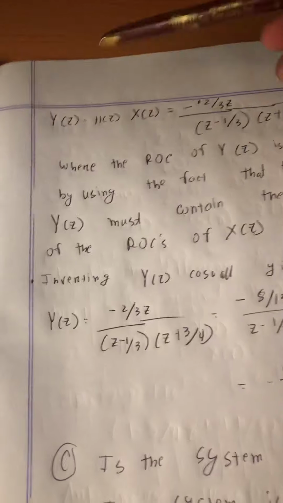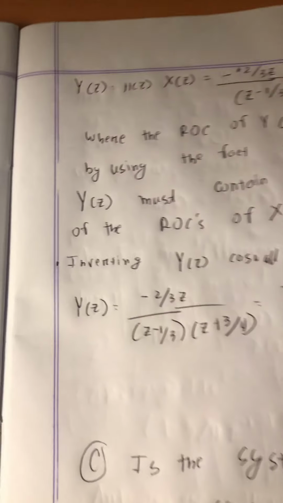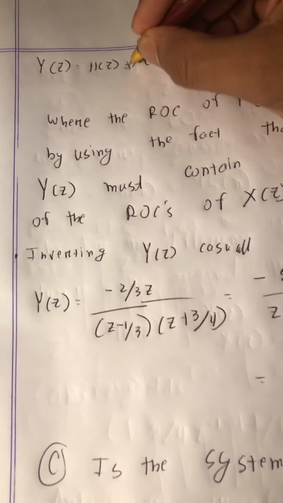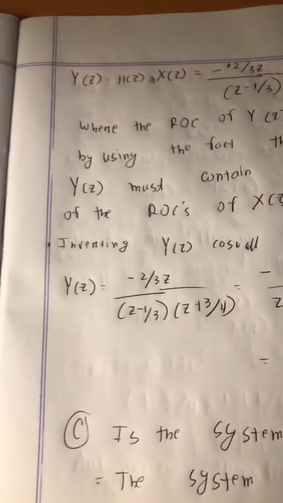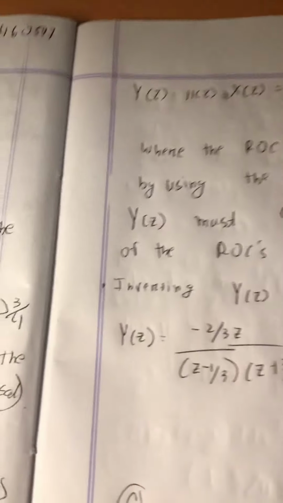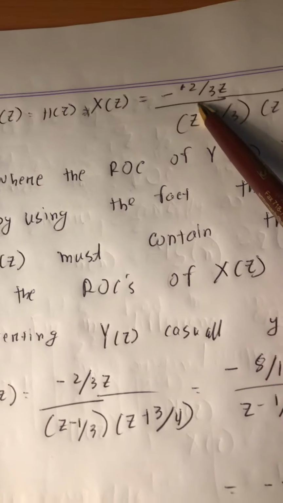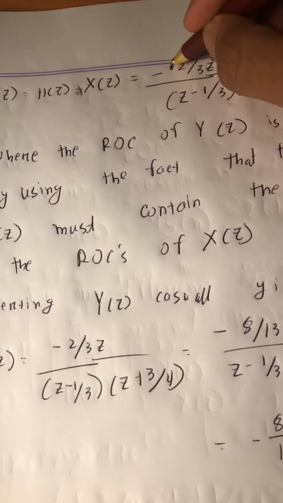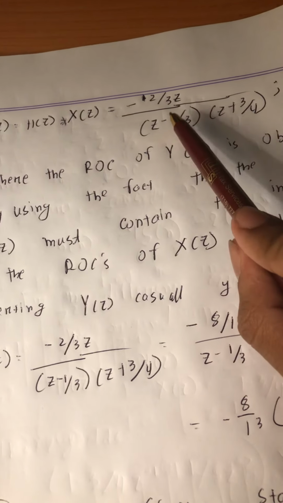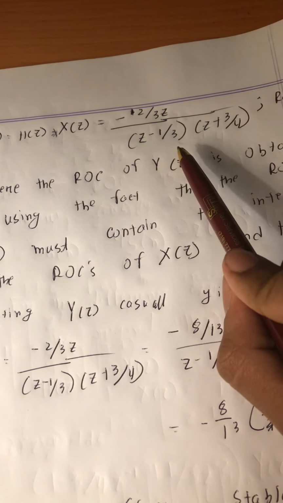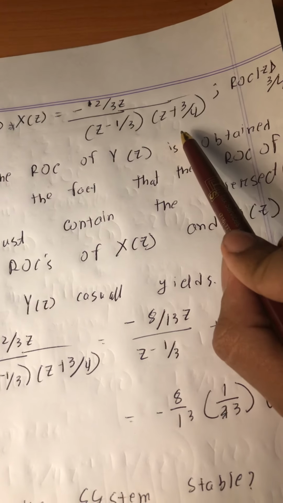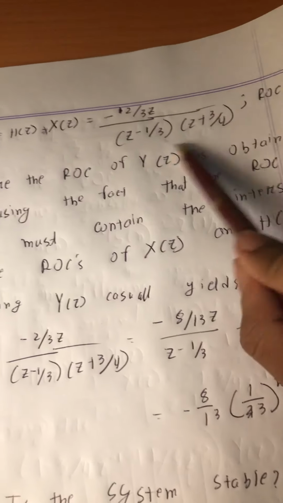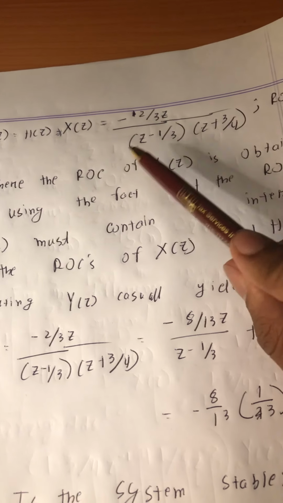And now Y(z), we know that it's H(z) times X(z). X(z) we just found, so we can write that as negative 2/3 z divided by (z minus 1) times (z plus 3/4). Once we multiply H(z) and X(z), we get this.